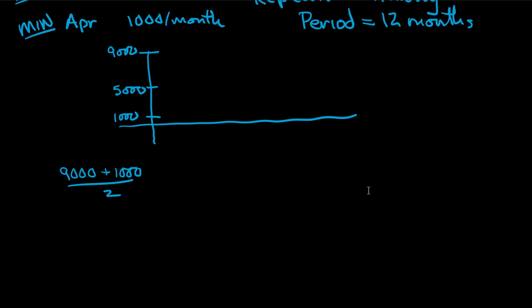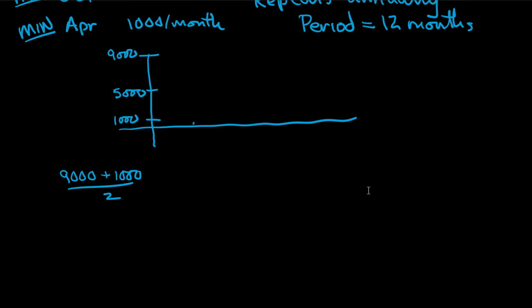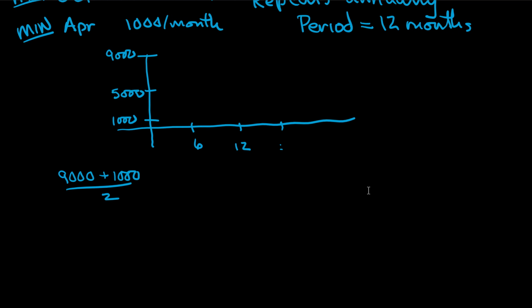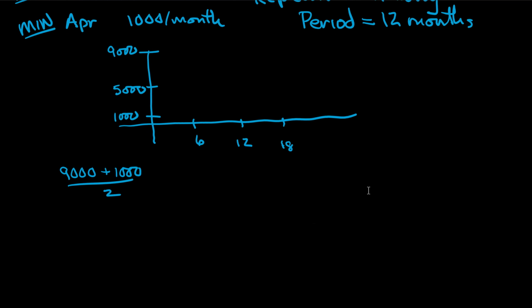Okay, so let's take a look here. We're going to start in October. 6 months later is April. 6 months after that is October. 6 months after that is April. That would be actually 18 months. And 6 months later is going to be 24 months.